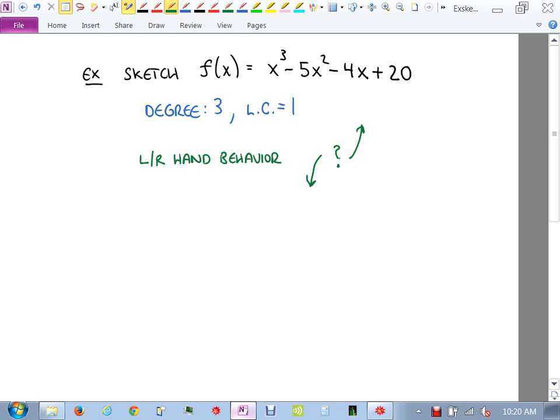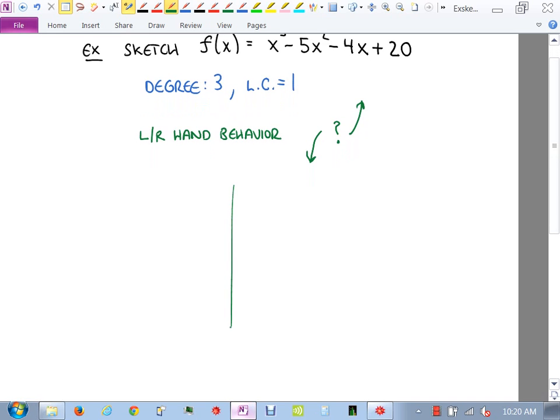Right? Now, if you draw a graph, and I'm just going to draw a real quick one under here. Here's what I can tell you about this graph. Eventually, this left side goes down. Eventually, that right side goes up, right? I don't know what's happening in the middle, but that's the general picture.